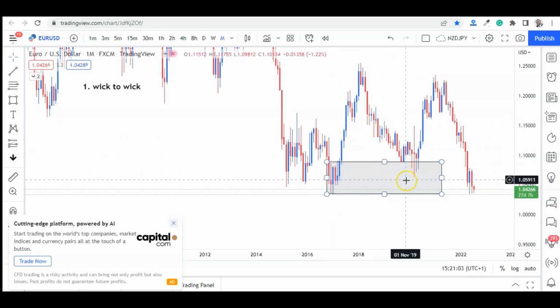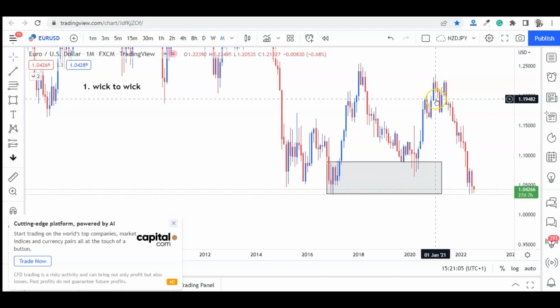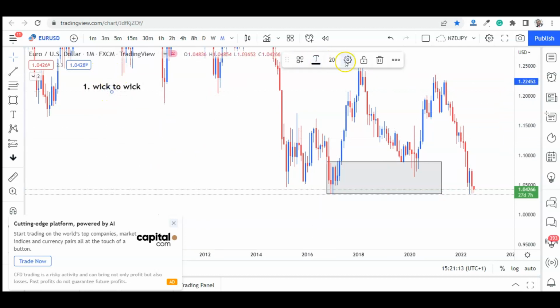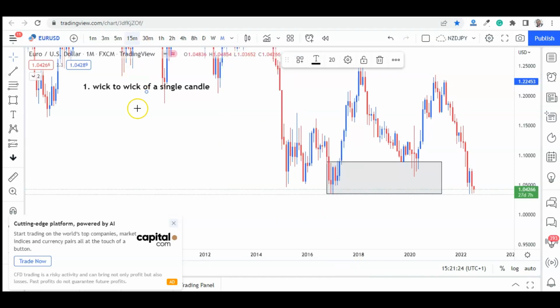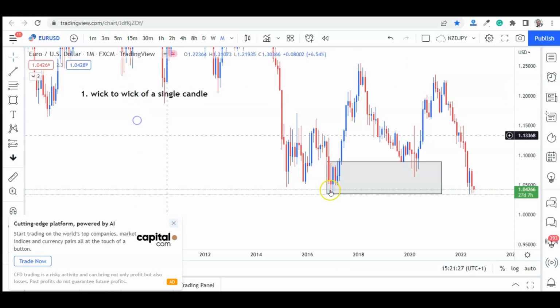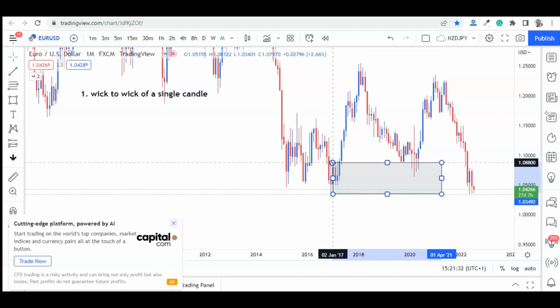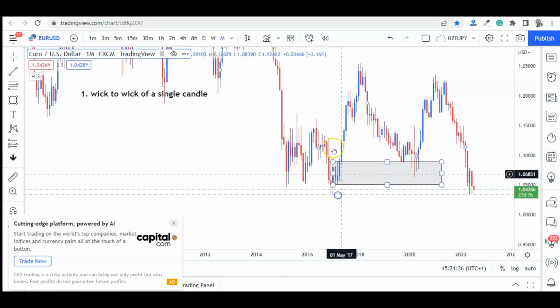So that when price comes back into it, I can decide to engage. We have week to week, meaning on a single candle. I can decide to use this entire candle, or I use this last one here as my demand zone.